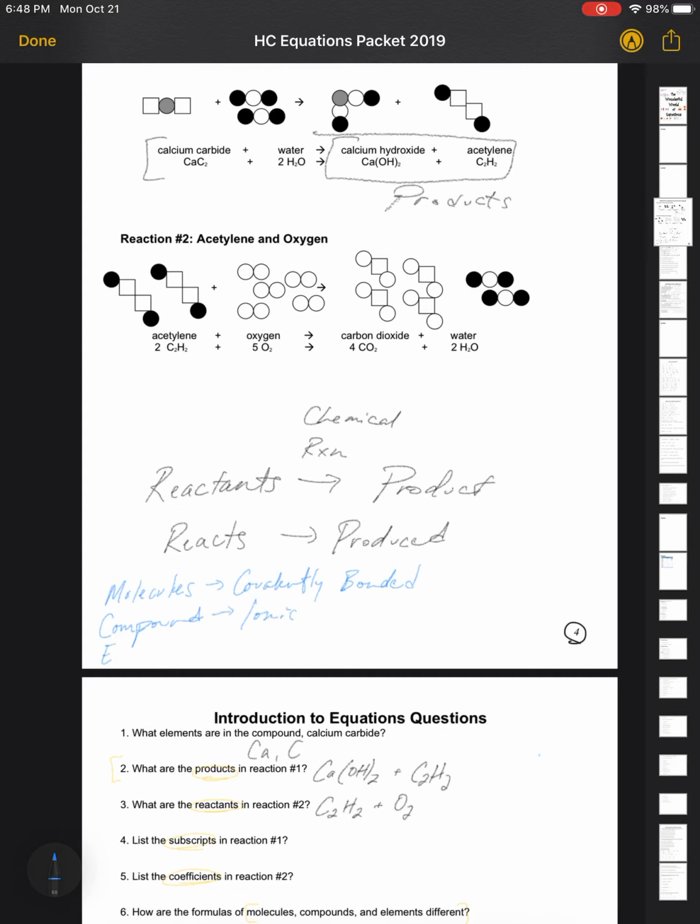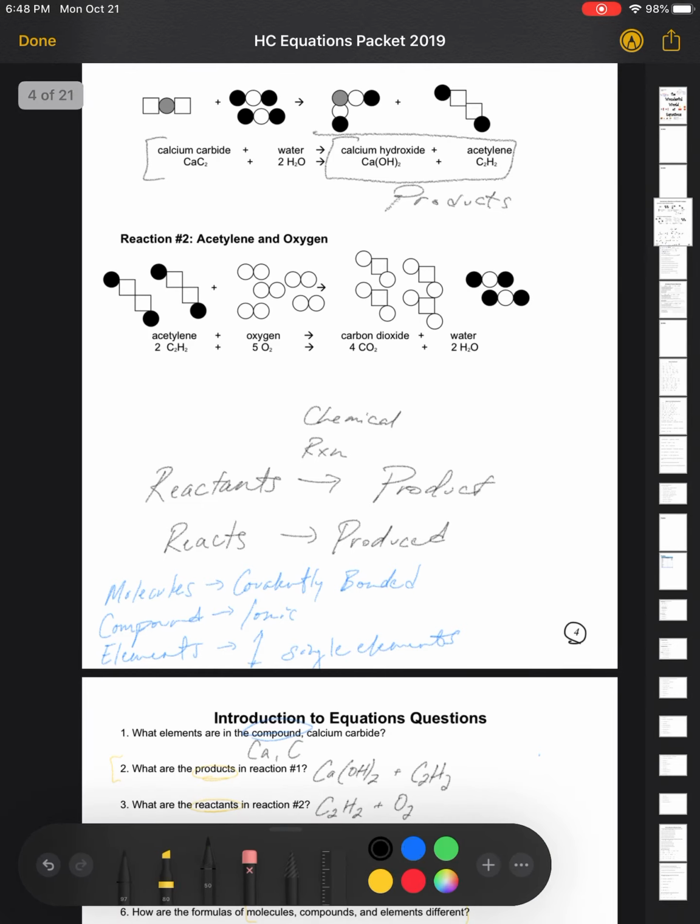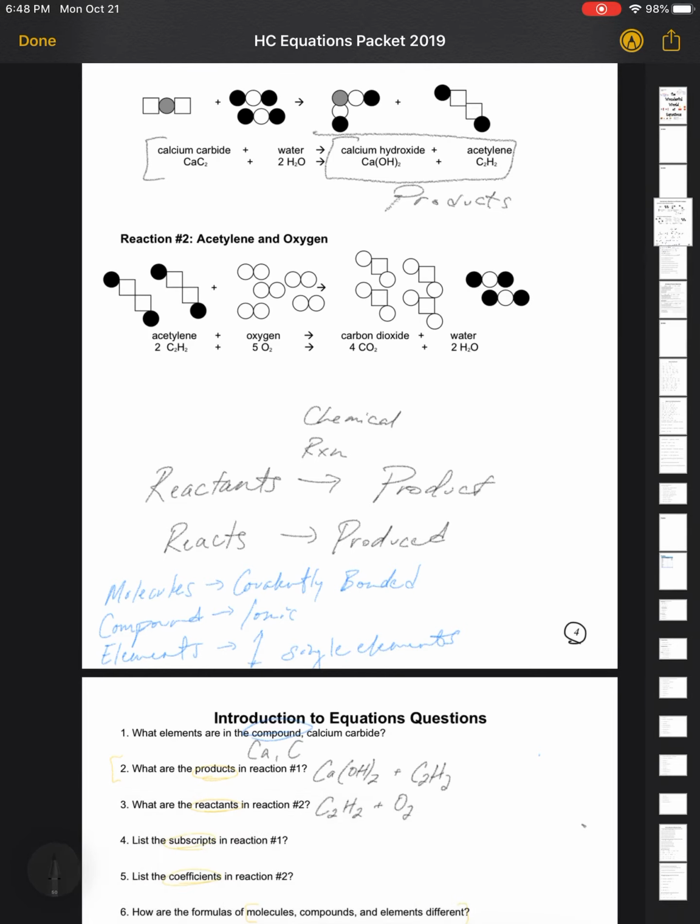And then when we're talking about elements, anytime we see a single element, we'll put the number there. So one single element, we're going to be dealing with elements. So when it asks us what elements are in the compound of calcium carbide, we know it's a compound because calcium and carbon are metal, non-metal. So the relationship that we see there is going to be one of an ionic relationship.